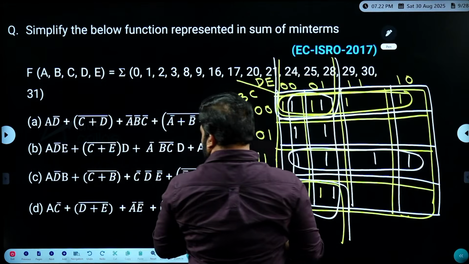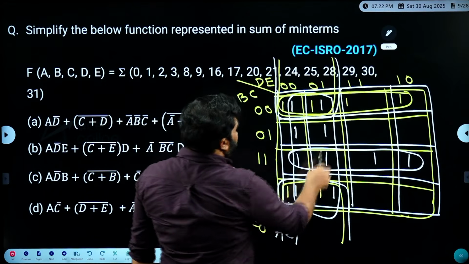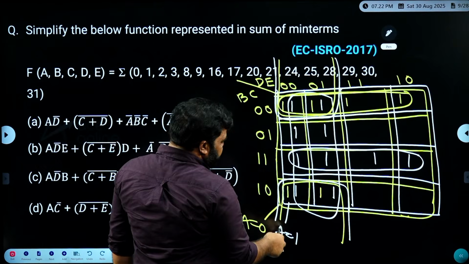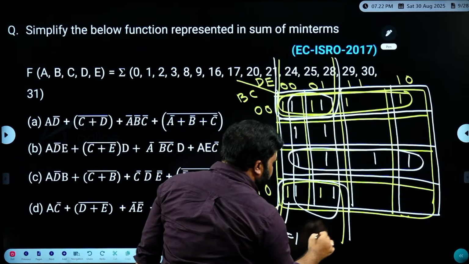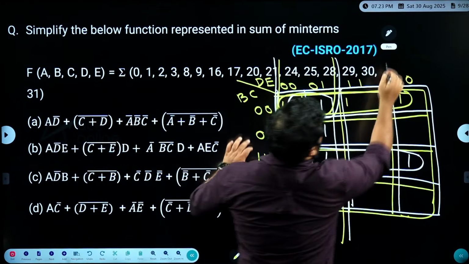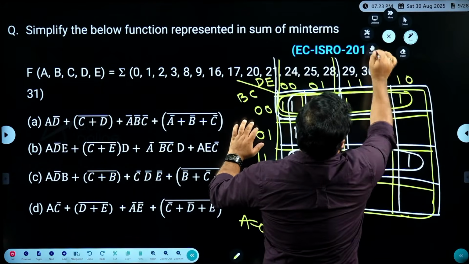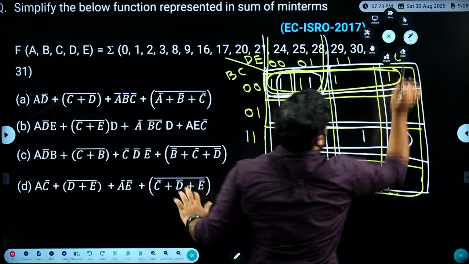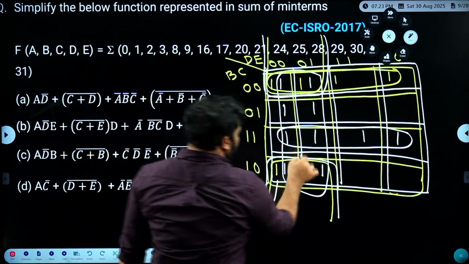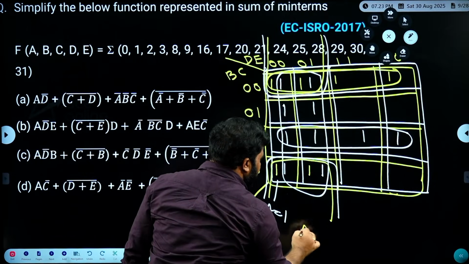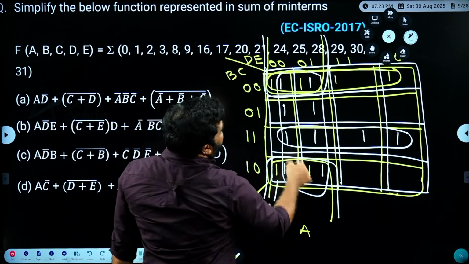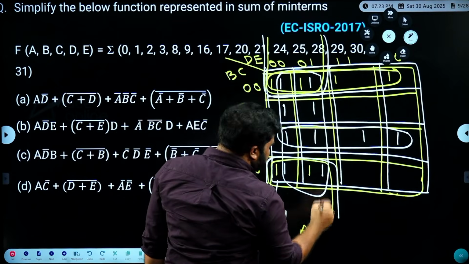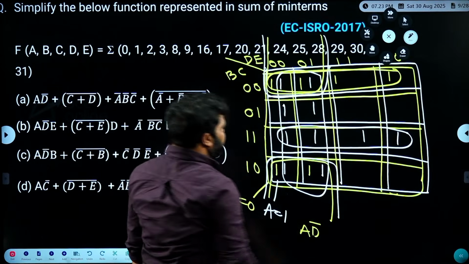BC are changing, A equals to 1 is not changing, so in A equals to 1 K map it is A, and here BC are changing and only D equal to 0 is not changing, so it is A D bar.